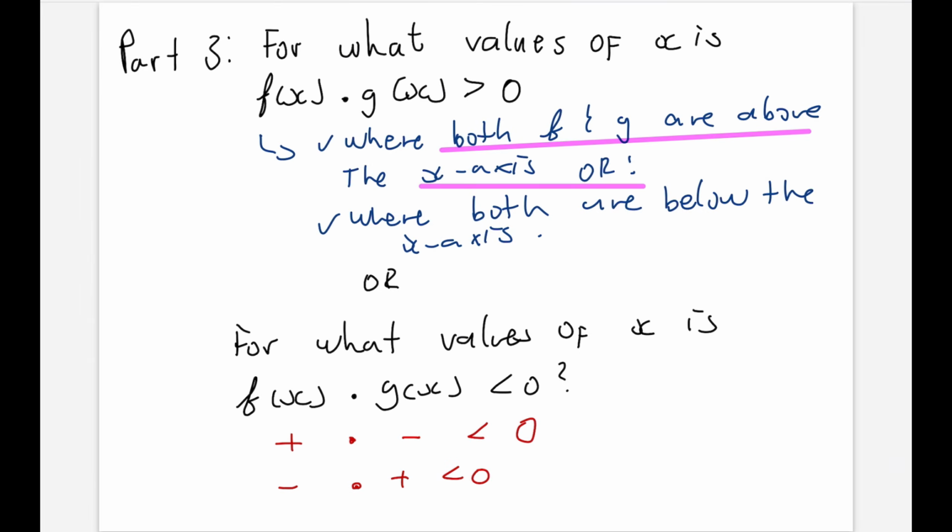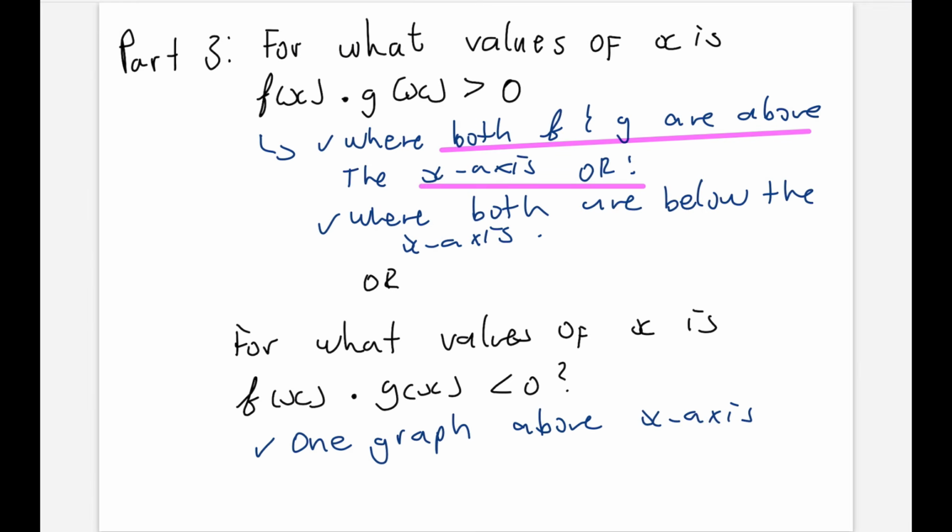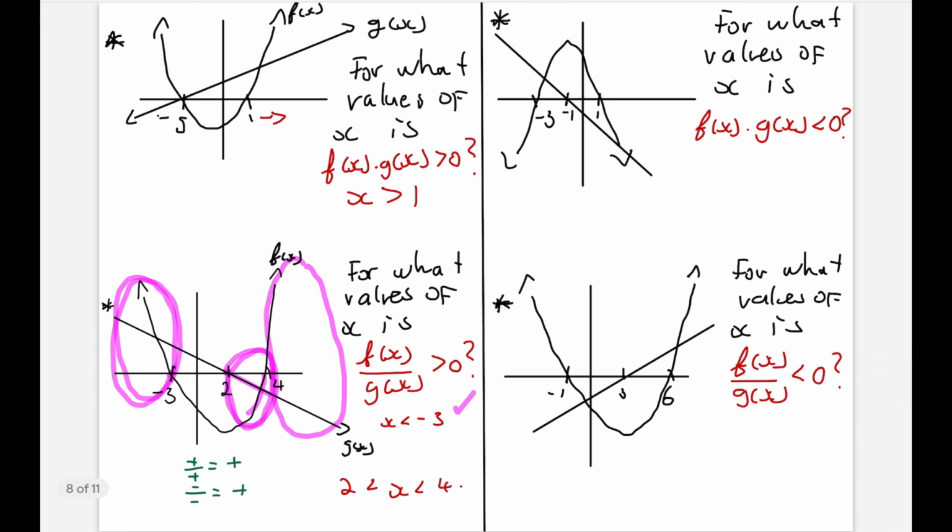Minus times plus gives us a negative. In other words, when you're asked for what values of x is f of x times g of x less than 0, we're looking for where one graph is above the x-axis and the other is below. One graph is positive and the other is negative.